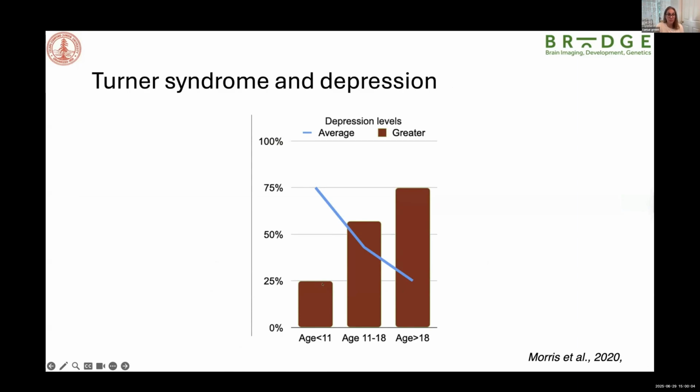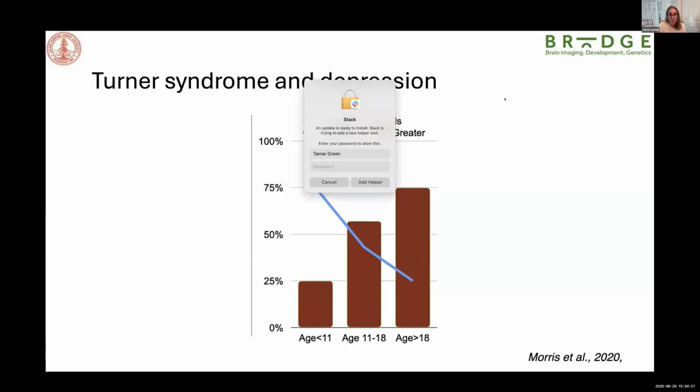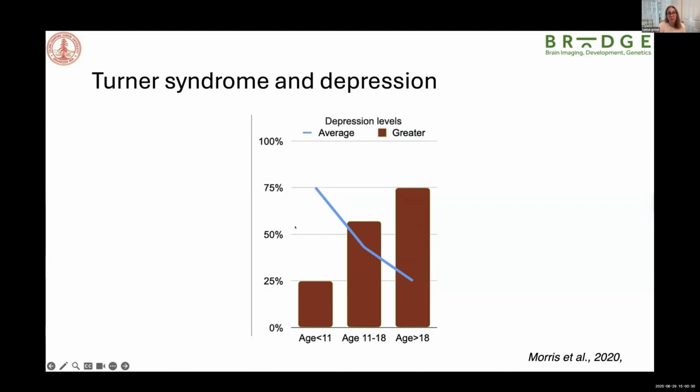Morris et al. showed that depression levels increase across this age group and reach 75% of the individuals who were asked having higher depression levels compared to controls. It doesn't mean that 75% of them had depression, just that for three-quarters of the individuals, they had higher symptoms of depression when tested.